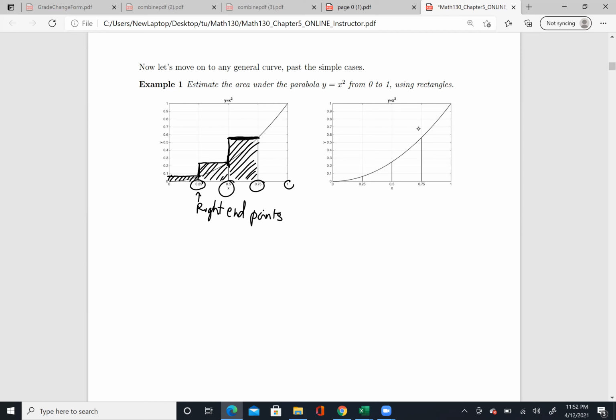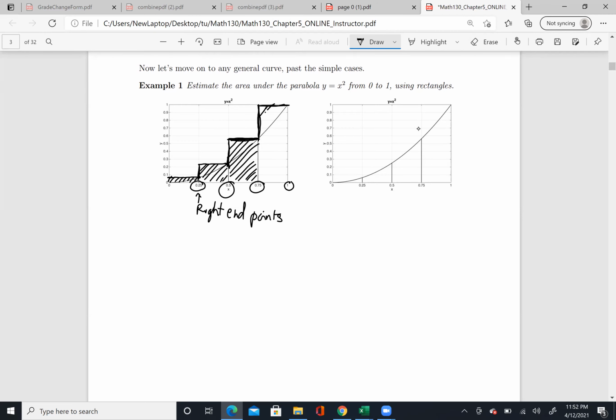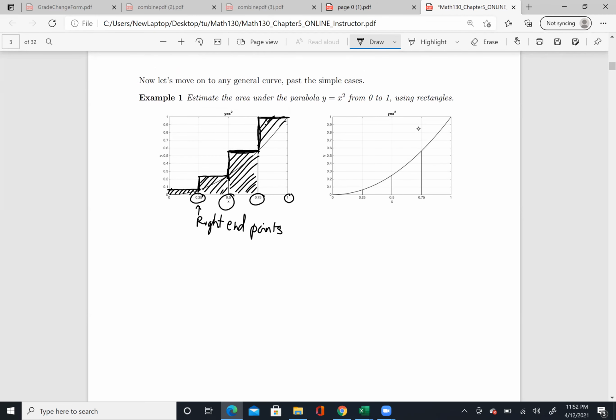And the last right endpoint is 1. You also have the horizontal line and put it down until 0.75, and you have the last area that is also over the curve, right?